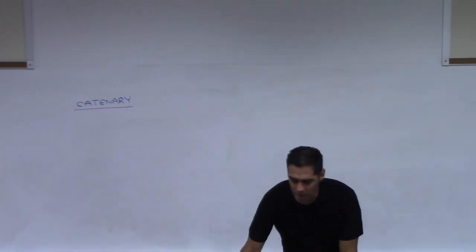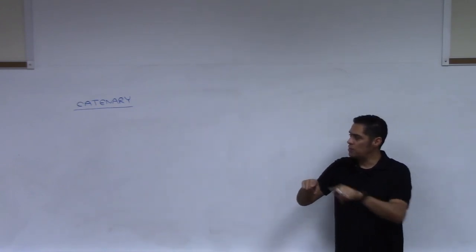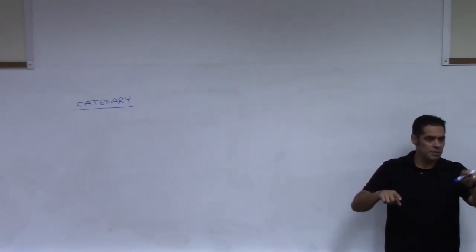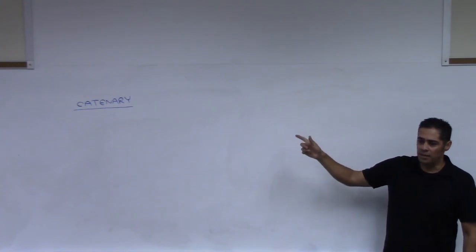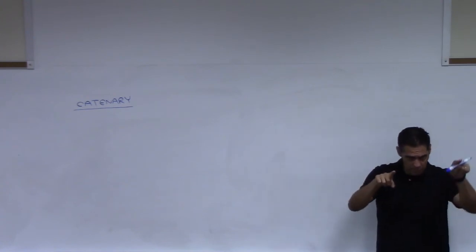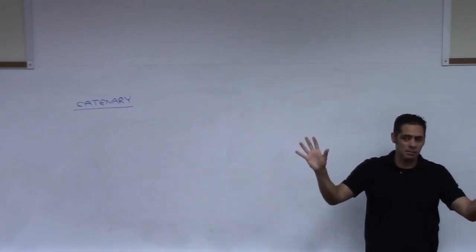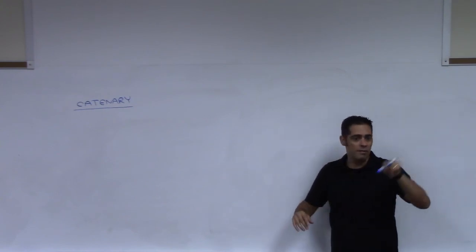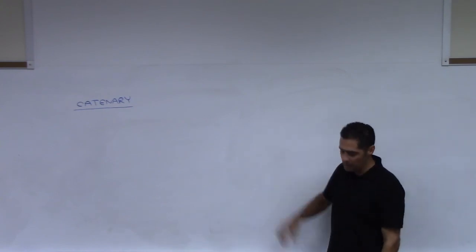So when you hang a wire between two poles or a rope between two poles, the shape that it makes is called a catenary, right? That's the shape. It's not a parabola. It's not an arc of a sine function or cosine function. It's a catenary.